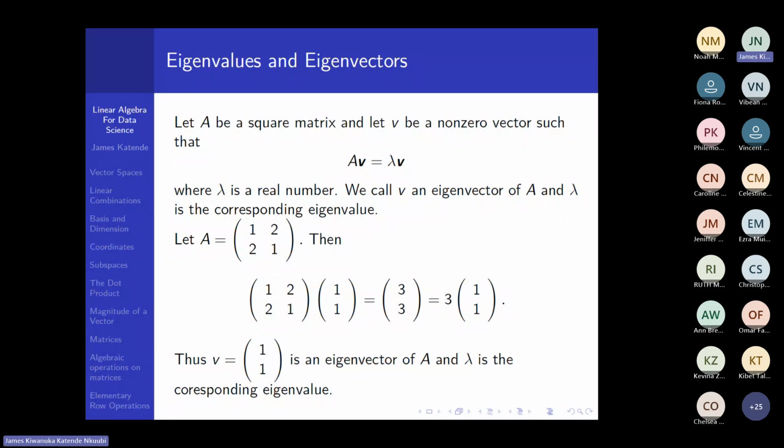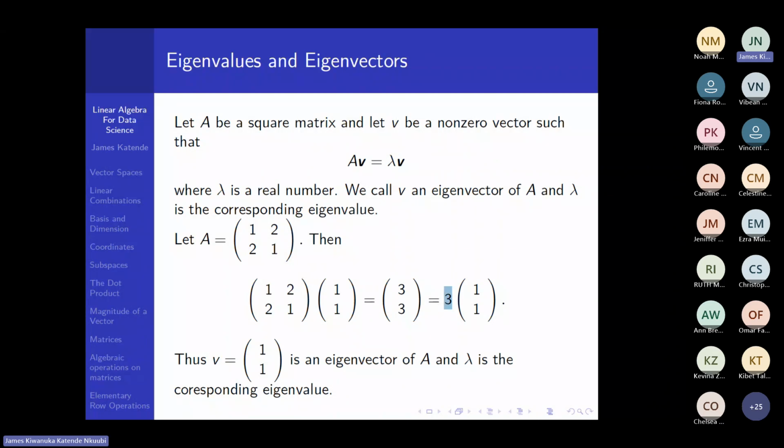If you have this matrix A and this vector 1, 1, and you multiply A by this vector, you get 3, 3. But this resulting vector is simply a scalar multiple of 1, 1. It's 3 multiplied by 1, 1. So this matrix acting on this vector turns out to be the same as simply multiplying that vector by the number 3.